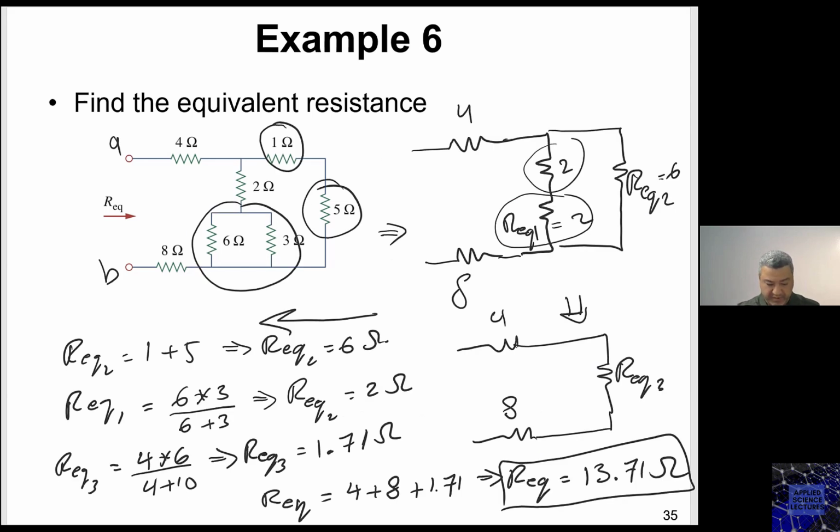So this is 6. This is 2 plus 2, 4. 4 and 6, 4 times 6 divided by 10. Oh, sorry, we have a typo here. It's 4 and 6.